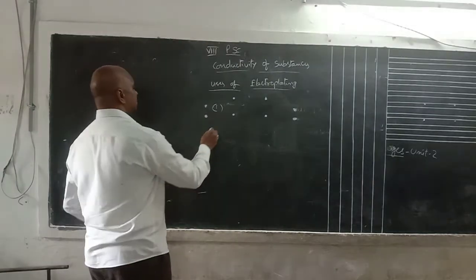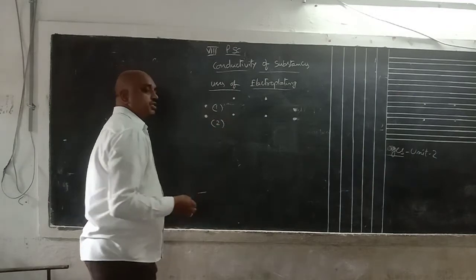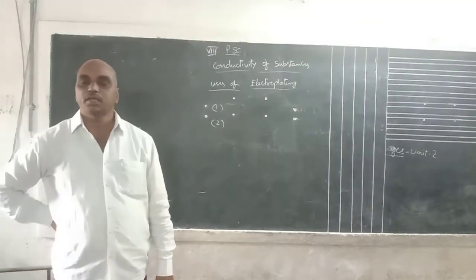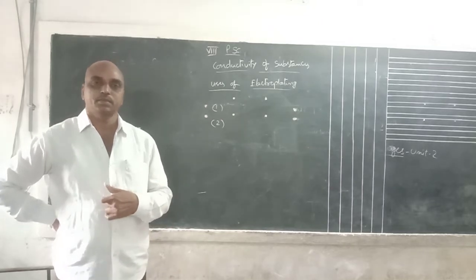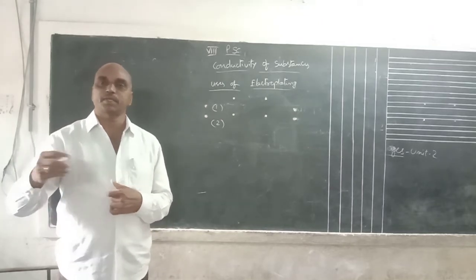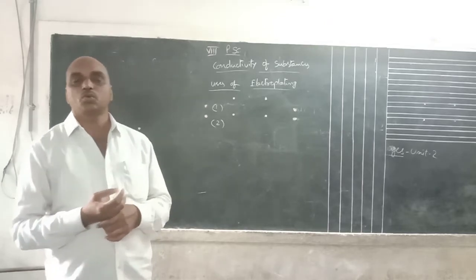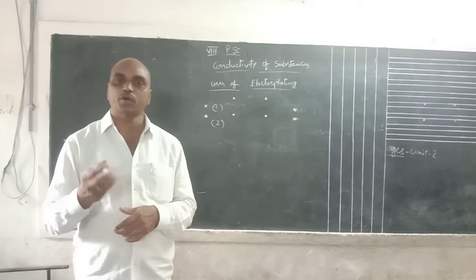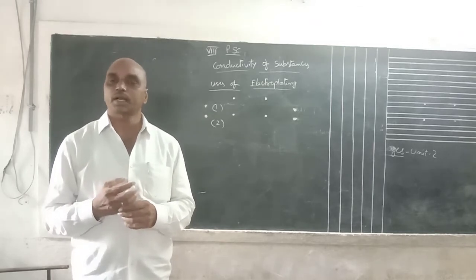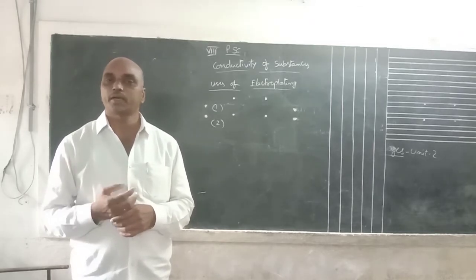And another one is machinery parts. Generally machinery parts, what happens? Machineries are made up of iron. These iron parts after some days, what happens? Corrosion. Corrosion means they react with water vapor and oxygen to form moisture, that means to form rust. Rust means iron oxide.